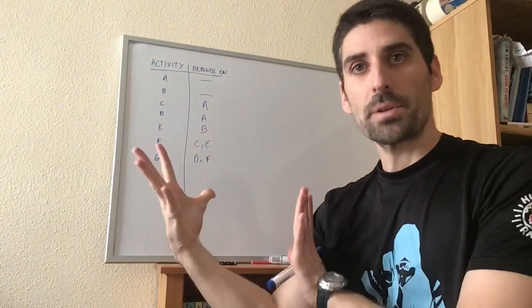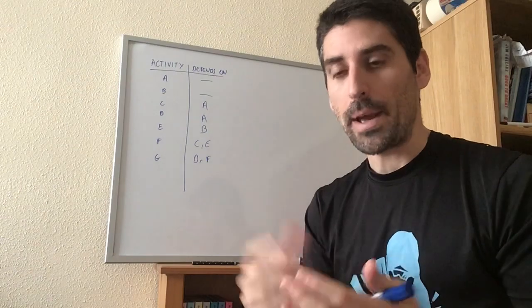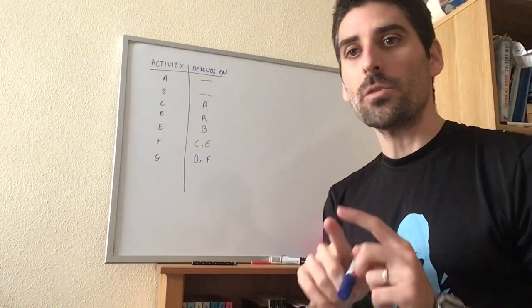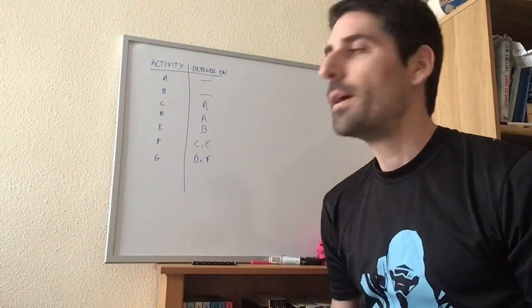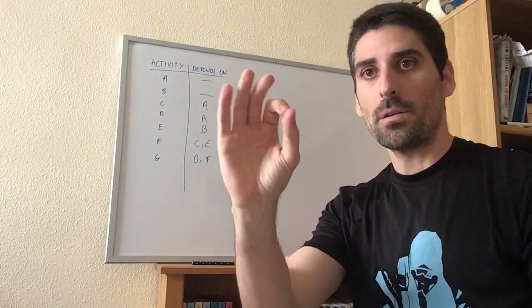Let's take this precedence table and turn it into an activity network, okay? So remember, each activity is going to be an arc with a letter, and the completion of each activity is going to go on a node.